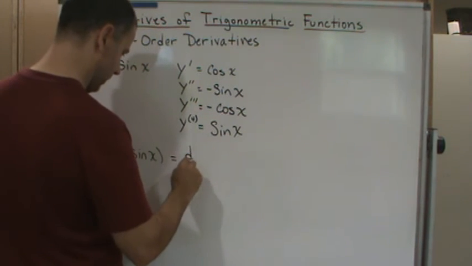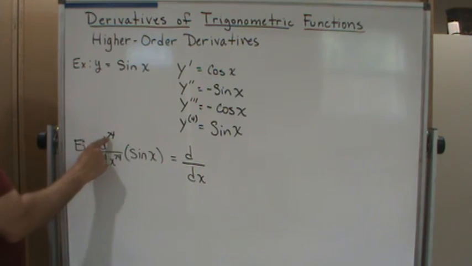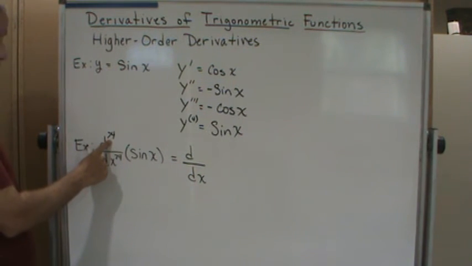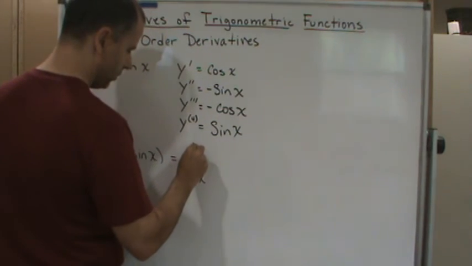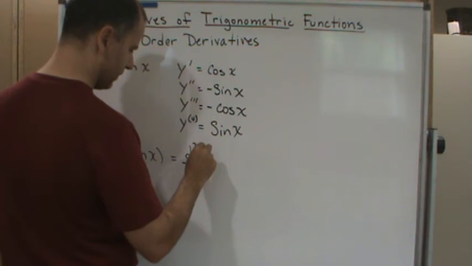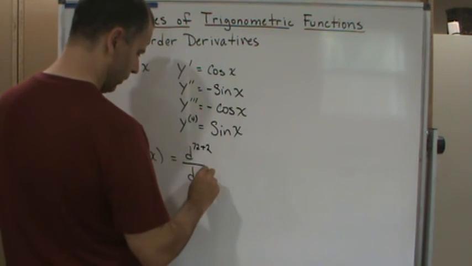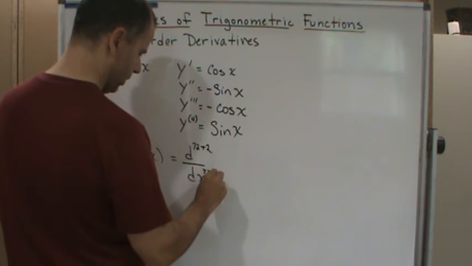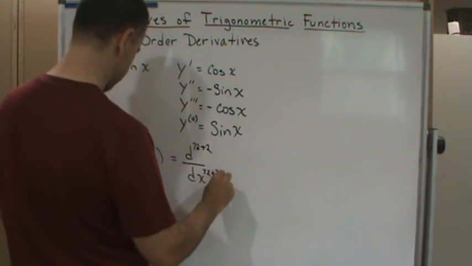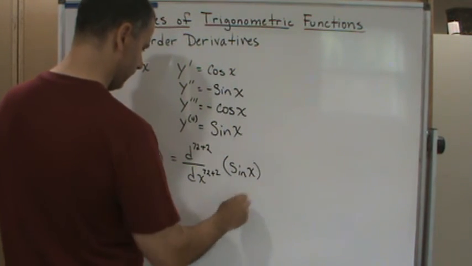So that's going to be 72. Right? So 72 is the largest multiple, and then I have 2 left over. So I'm going to write this exponent as 72 plus 2. And I'm going to write this one as 72 plus 2 of sine x.